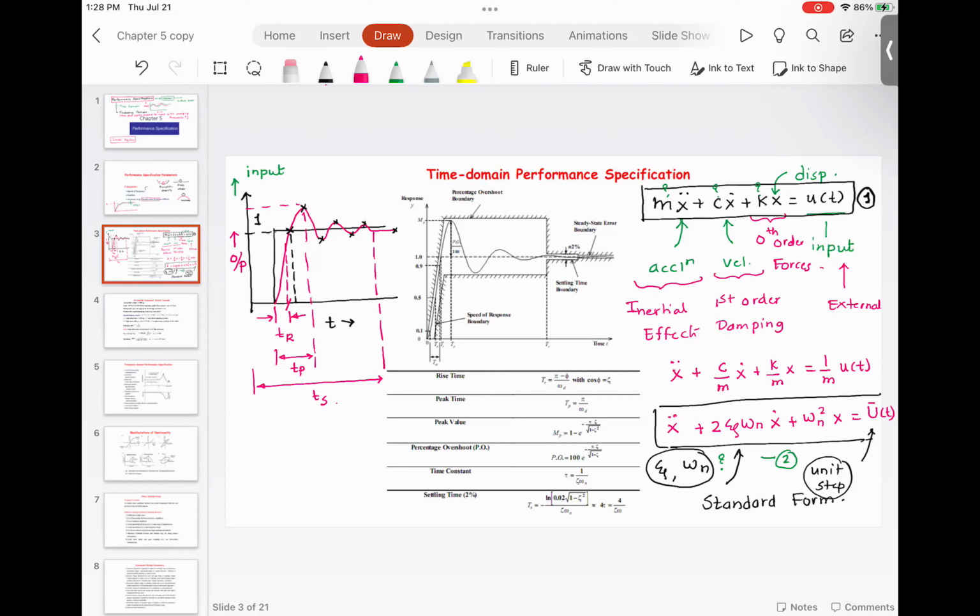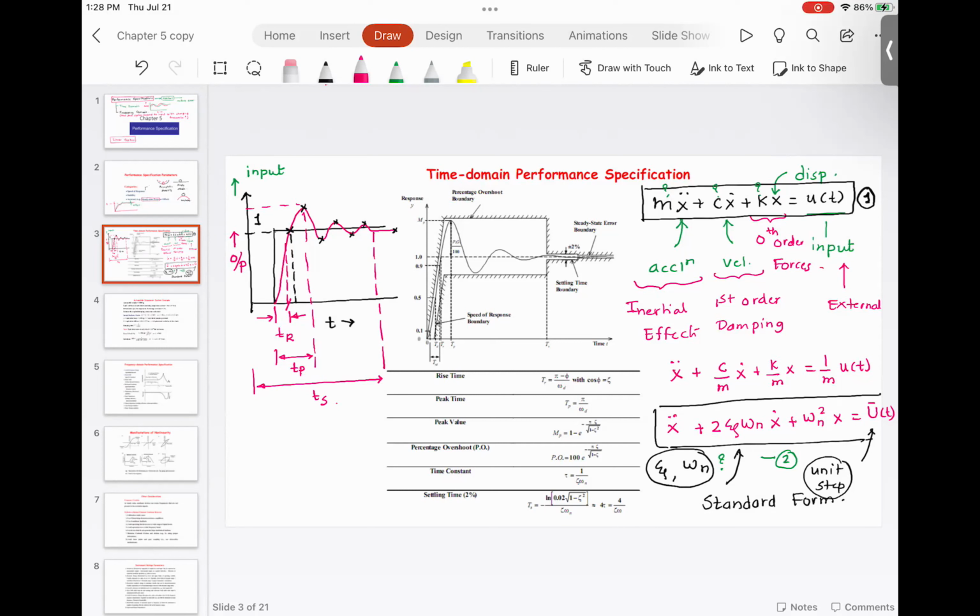Now here is a quick idea. If I decide to design a system upfront, I'm going to tell you that I need this rise time, this settling time, this steady state error, this peak value, overshoot, and so forth.